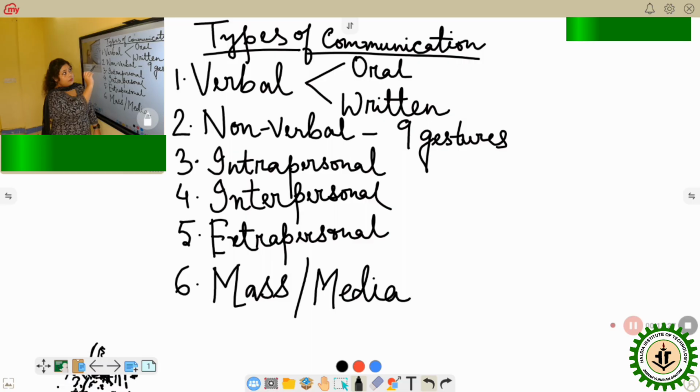The first type of communication that we are talking about is verbal. It has 2 categories, oral and written. Oral means that we say through our mouth, and written is any kind of documentation. Non-verbal is body language or gestures.